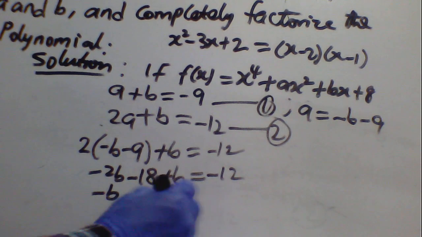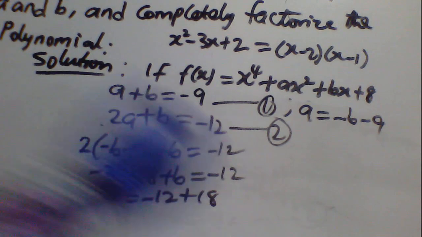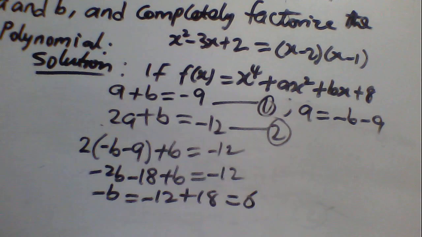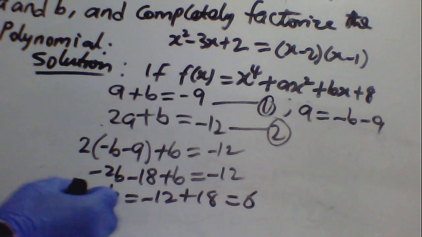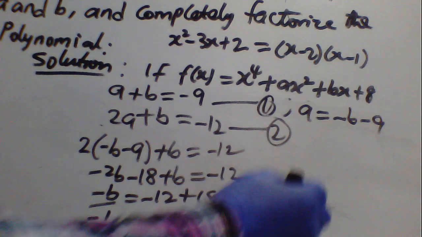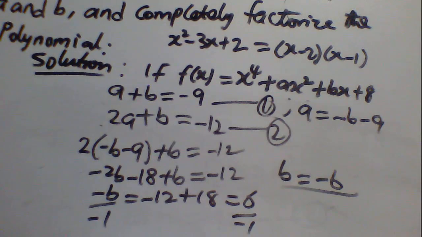So you have minus b equals minus 12 plus 18, which is 6. Divide both sides by minus 1, so you have b equal to minus 6.